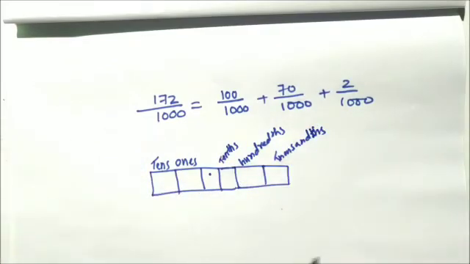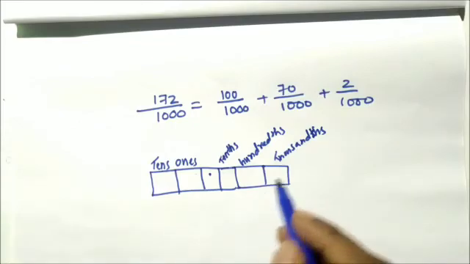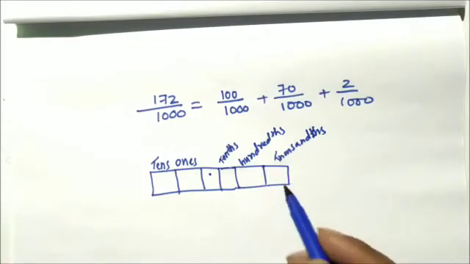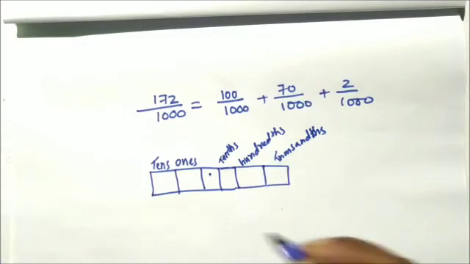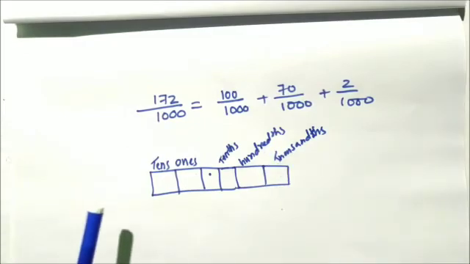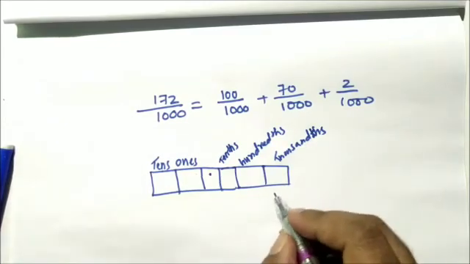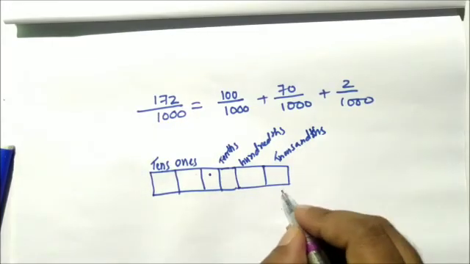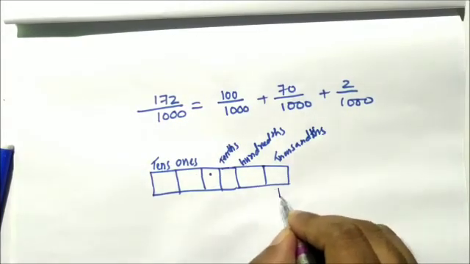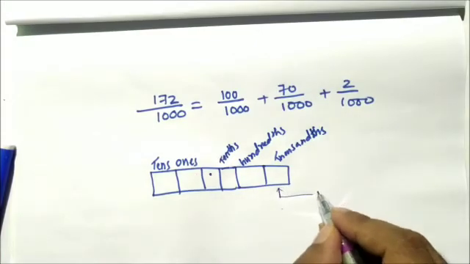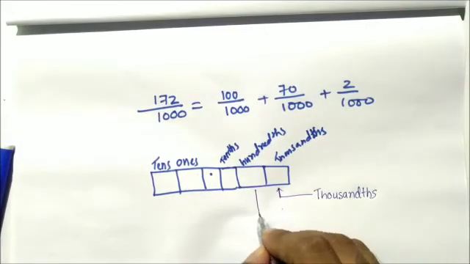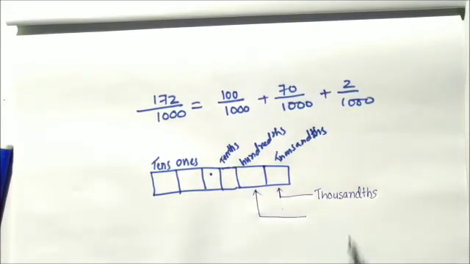Actually I tried to write clearly so that you can read it, but what can I do, because I am using the sketch pen only. Let me use a pen. Again I'm writing here, it is actually 1000. Yes, in this way I will write, this place is thousandths, can you see? And this place is actually of hundredths.